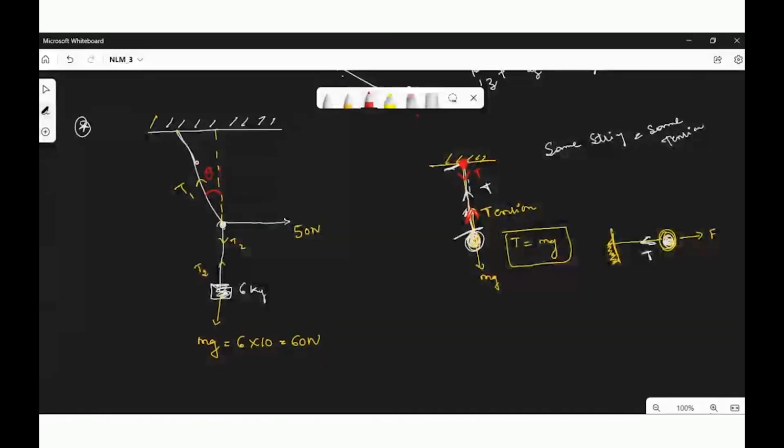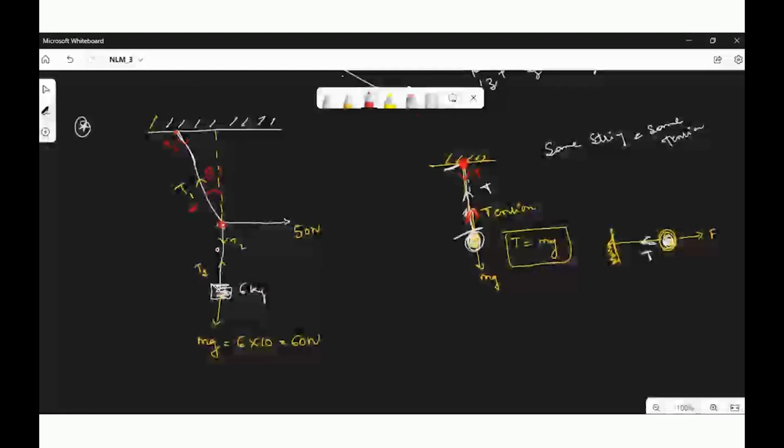So now it is simple. I think you agree, from here to here one tension T1, from here to here one tension T2. If I observe from this point, my tension is away. From this point, my tension is T1 here. From this point, my tension is T2 here. From this point, my tension is T2 downward. Now it is very important which you define as your system.